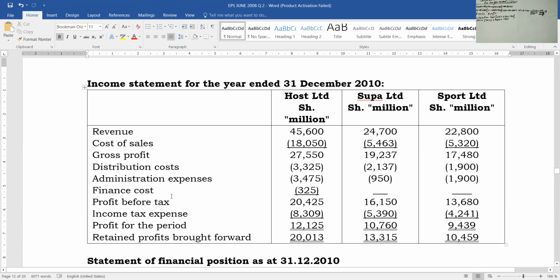So I'm talking about this finance cost of 325. I will record that one, but before I record it, there's an expense which is not here, which I need to introduce, and that one is called impairment. And what's impairment, my good students? I need a definition. Which asset is impaired?